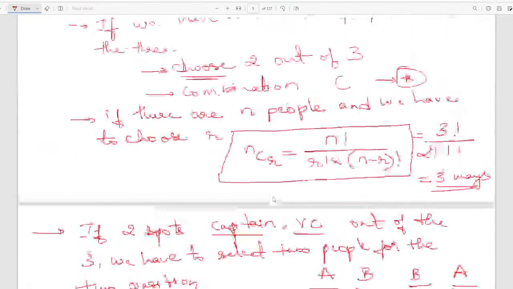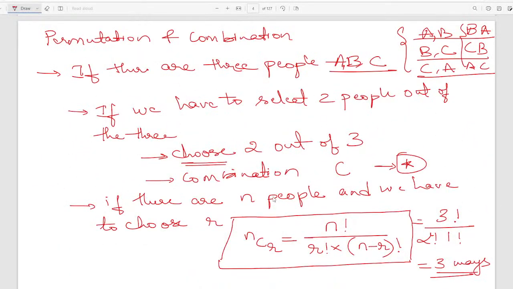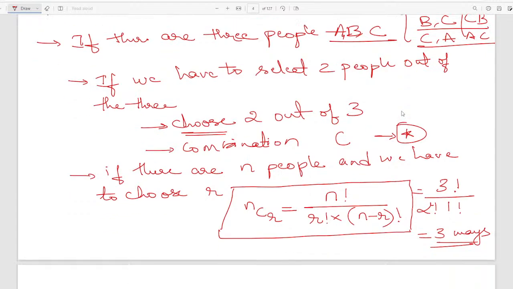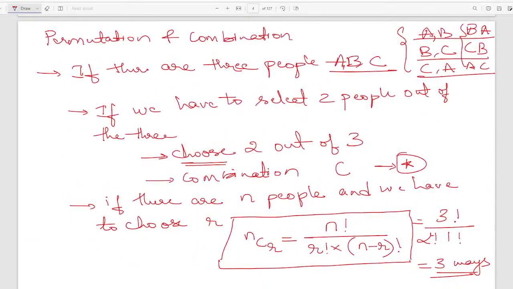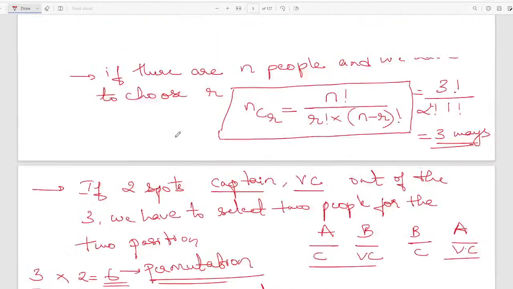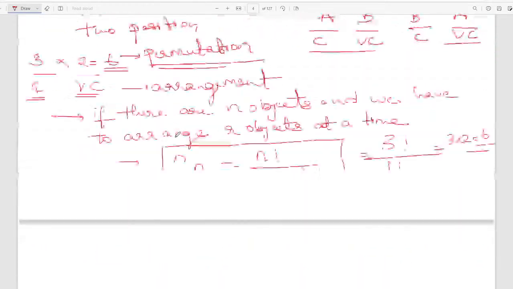And even here, you have one more method, and finally you would get the same answer. I'll cover the different way of calculating combination later. It will confuse you now. I hope these two are clear: permutation and combination. What is a combination and what is a permutation?